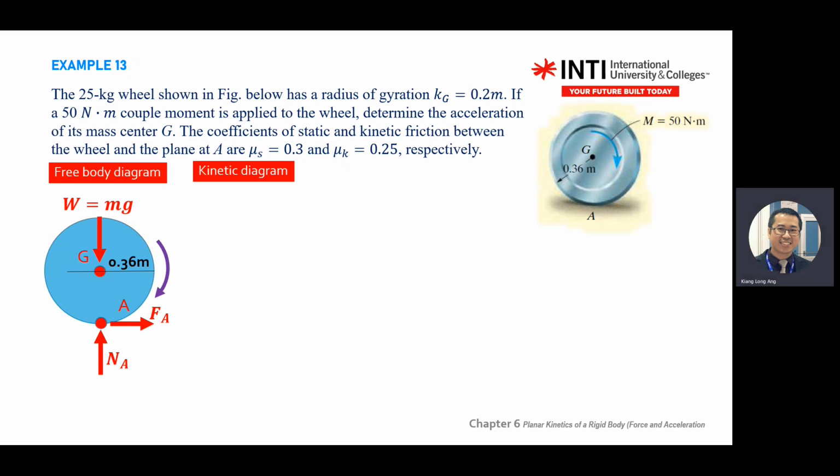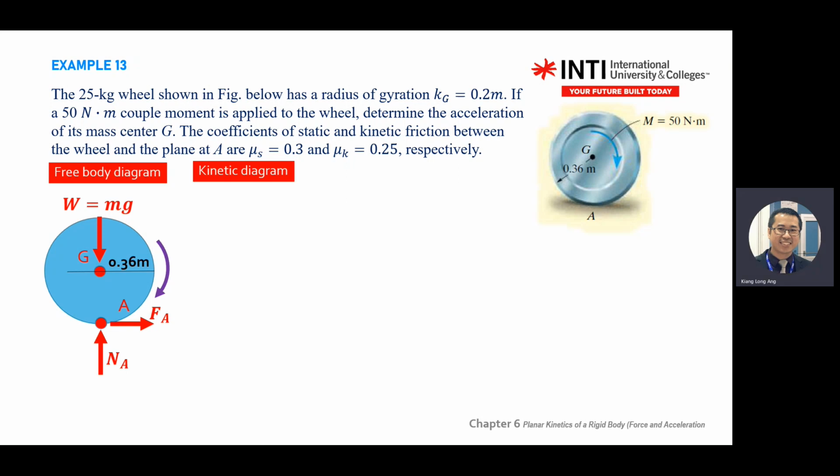So every time there's a contact surface, they always have a normal force. And since this question very obviously gives you the friction coefficient, there must be a friction force there. All right. So this one rotates clockwise. So when it rotates clockwise, the force will be this way. Right, the friction will be against the rotation.